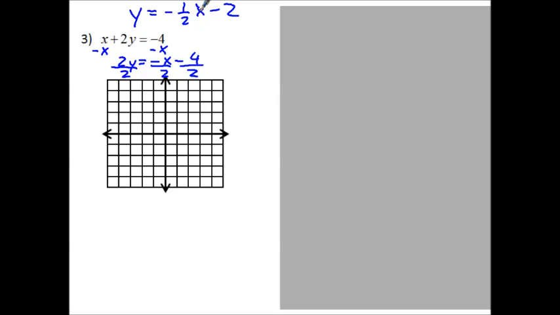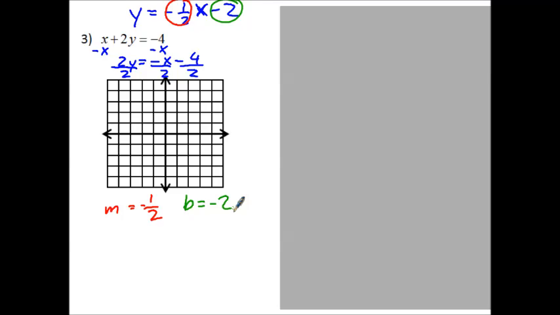This is an x, even though it doesn't look like one. Well, now it does. And now we have the slope. The slope is -1/2. And we have our y-intercept, which is -2.